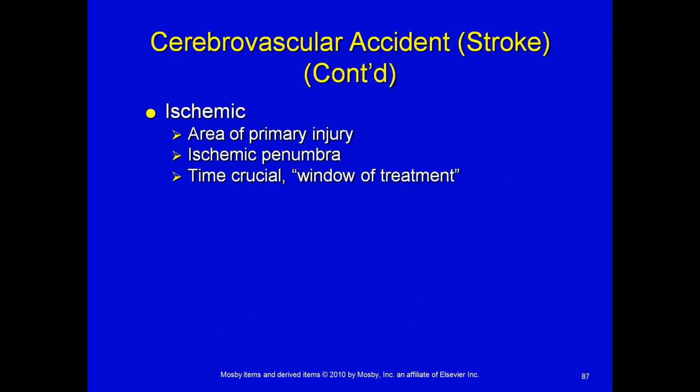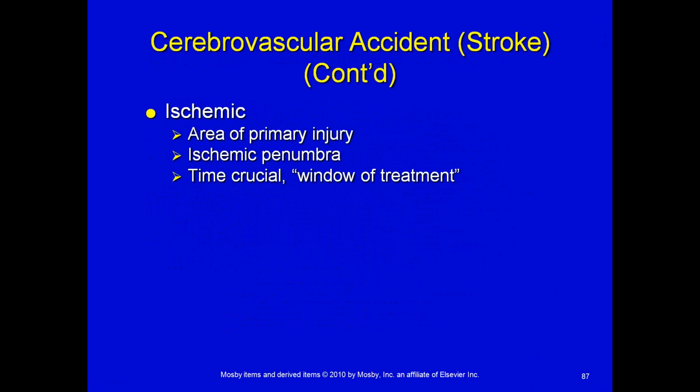Now, when you're dealing with an ischemic stroke, you have an area of primary injury, and that area of primary injury is known as the ischemic penumbra. And that's kind of the core. That's like ground zero. That's where the artery is occluded, where the vessel has ruptured. That area is beginning to die.